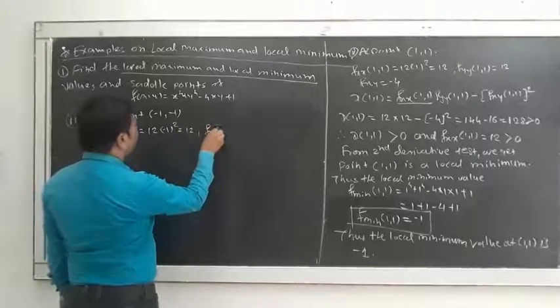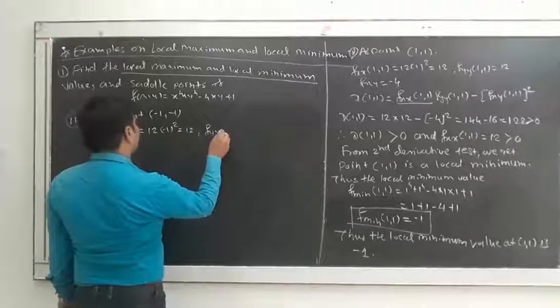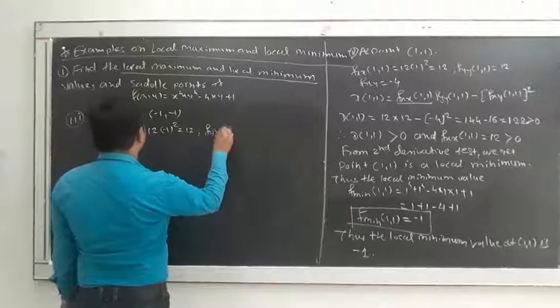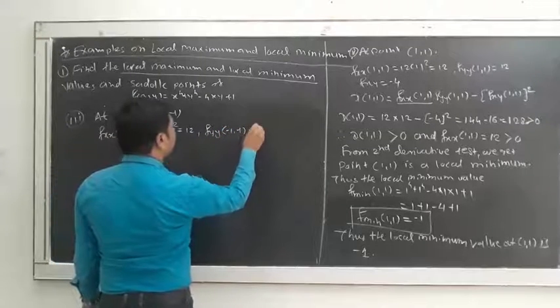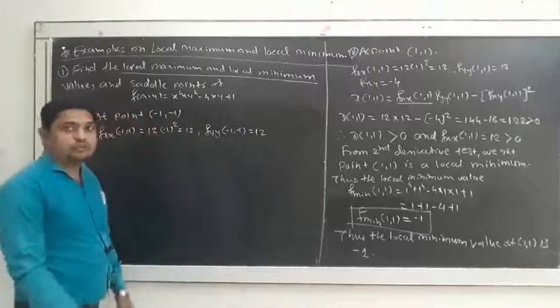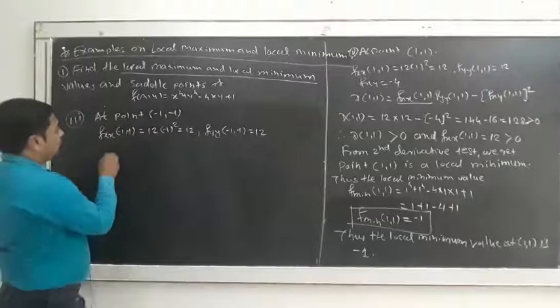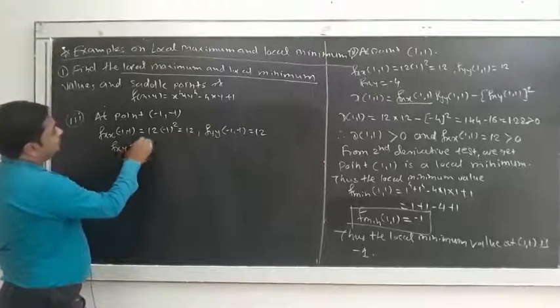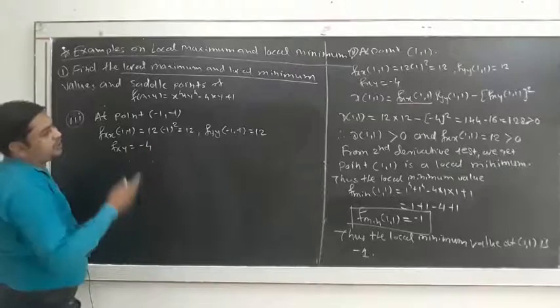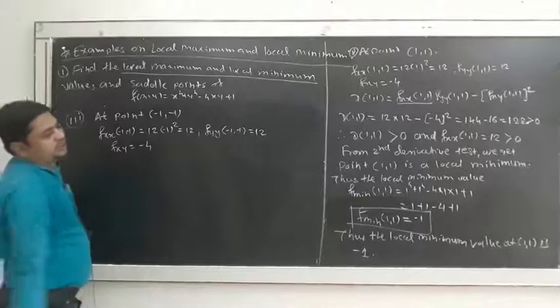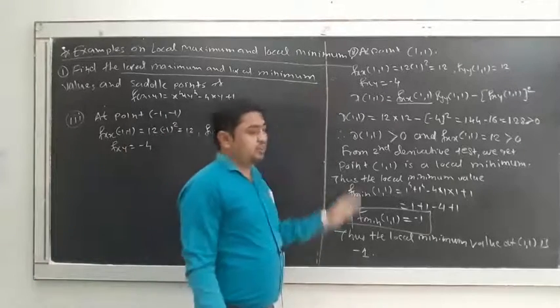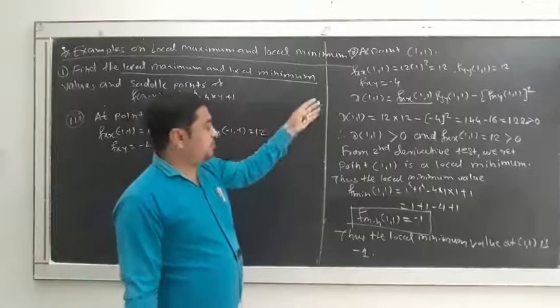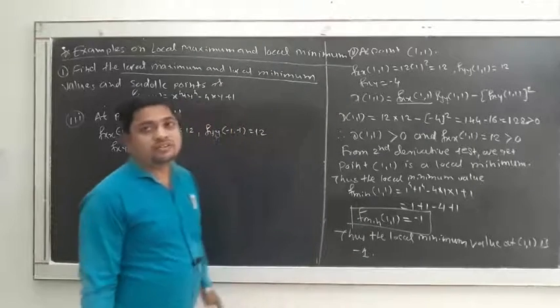Again fyy at (-1, -1) should be again 12, and fxy is minus 4. So all the values are the same, therefore all the calculations are the same.